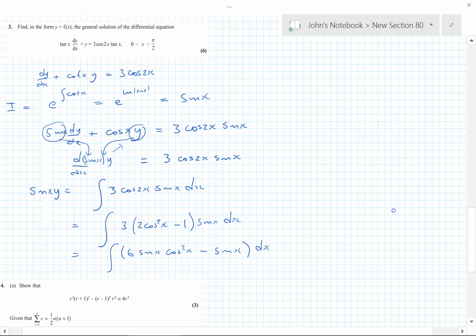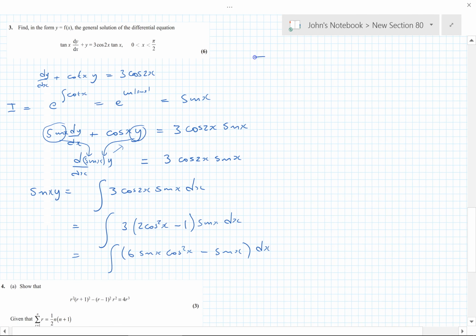So that means that y sin x, would have been better to write it that way around. Let's change this now because it's clearer what we mean. So y sin x, now we're in a position to integrate this, I think. That is going to be related to cos cubed x, but it's not going to be exactly cos cubed x, is it? Because we need a 2, and we also need a minus in front of it for it all to work out.